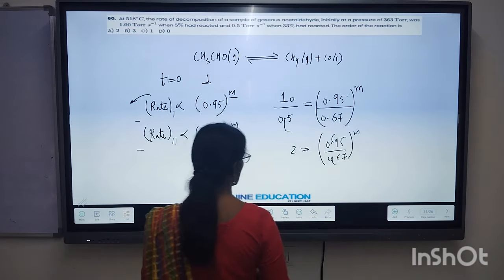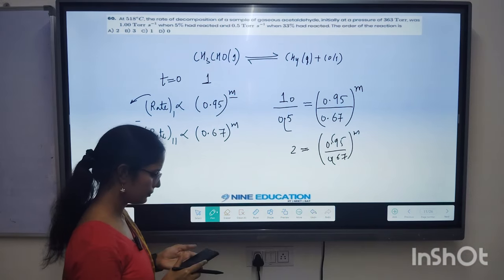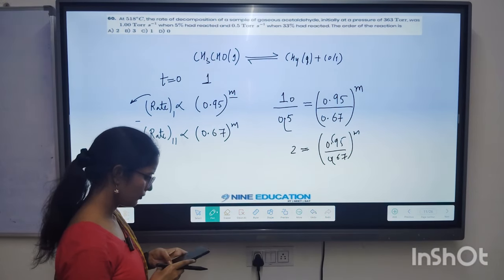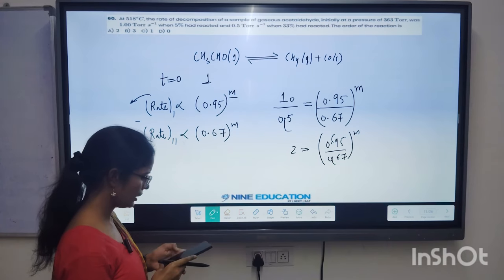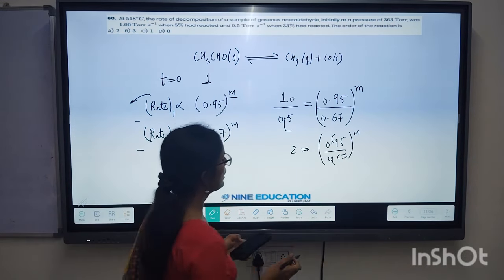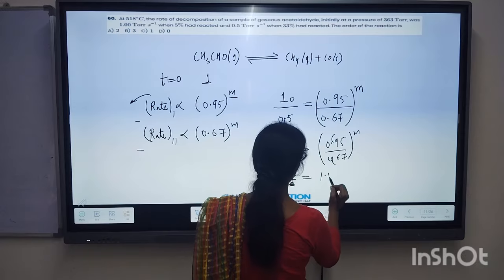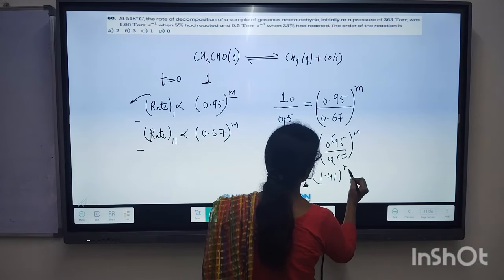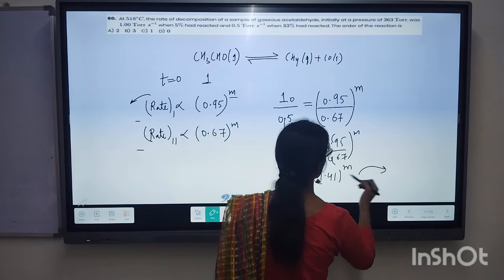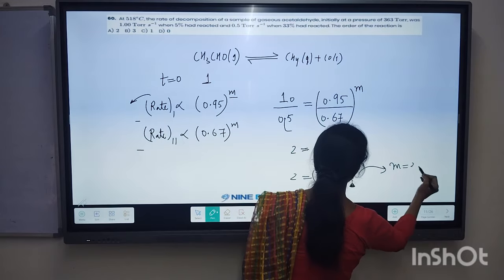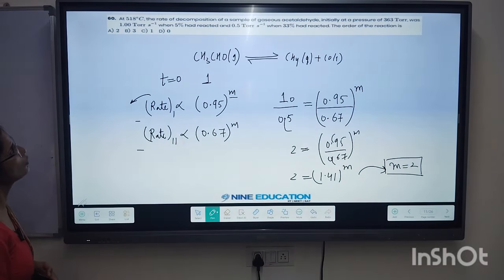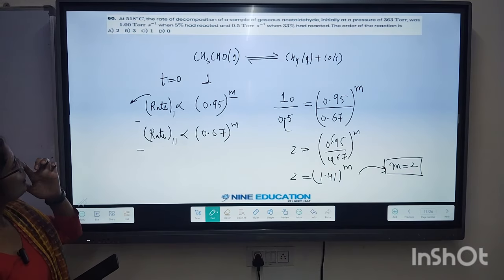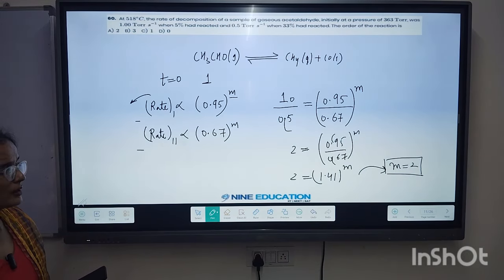The point cancels out, and 95 by 67 comes to 1.41 raised to power m. Now, if I need to get the m value, it will simply come to 2, meaning the order of the reaction with respect to acetaldehyde is 2 only. 1.41 square will be 2.